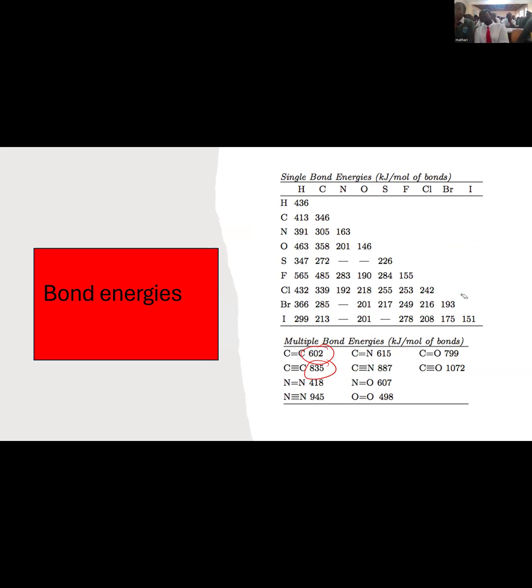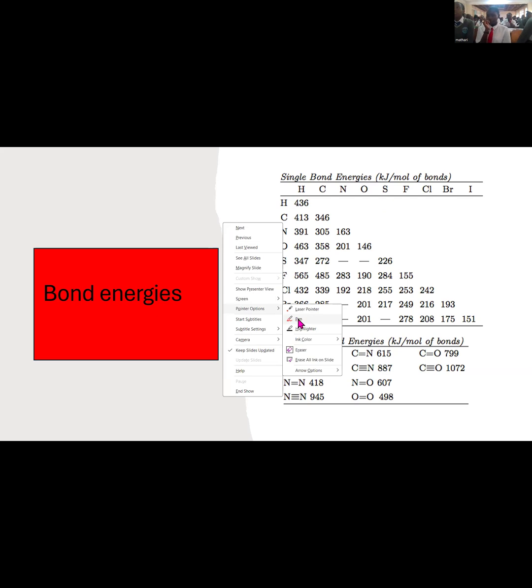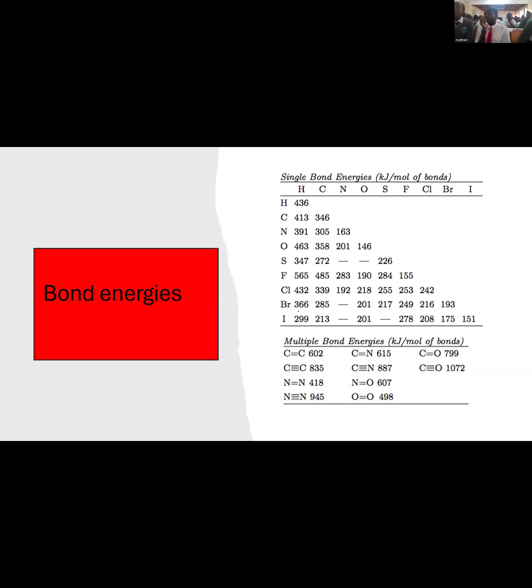Okay, now bond energies are always given as a positive number, always. And the positive number is the amount of energy needed to break them. And there's a very simple way of remembering this, and you need to remember this if you don't already know it.